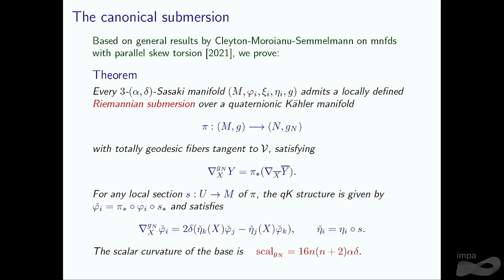There is a way to give the formulas explicitly and then to see how these things carry over. So we get, philosophically speaking, basically all the same equation for the Levi-Civita connection on the base, but now with a factor of 2 delta.